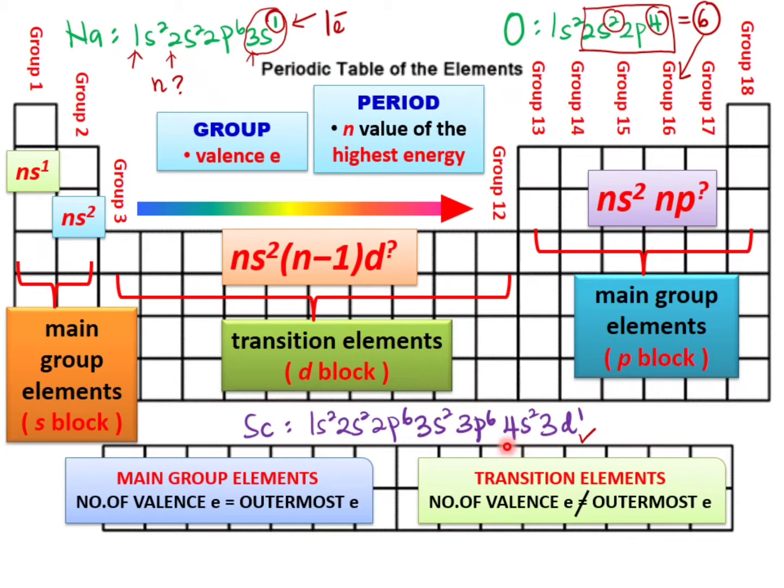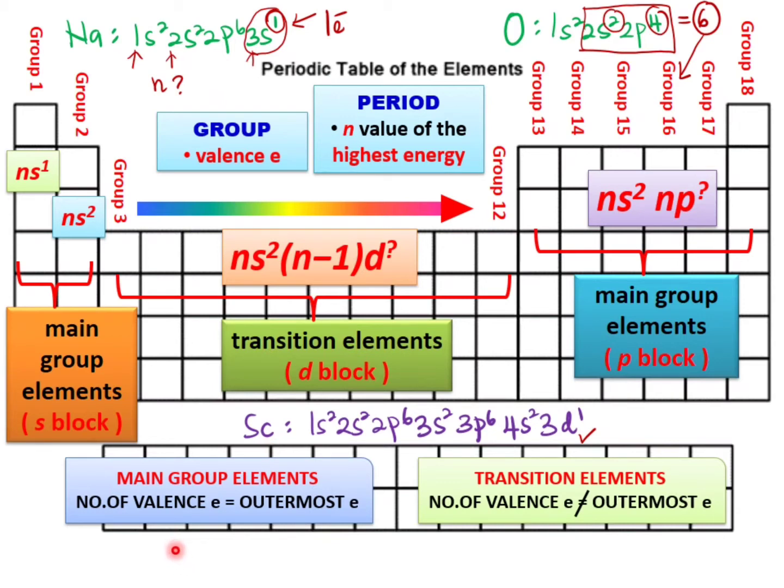It means that 4 is the highest energy level. So the period for scandium is period 4, the fourth shell.